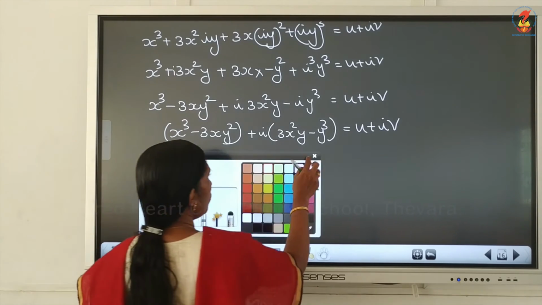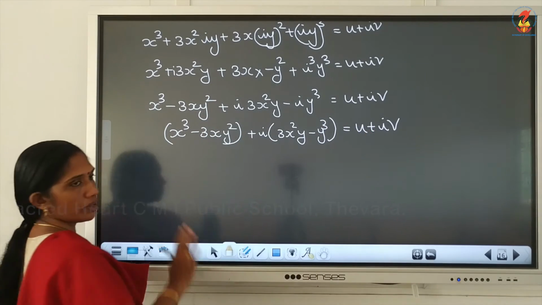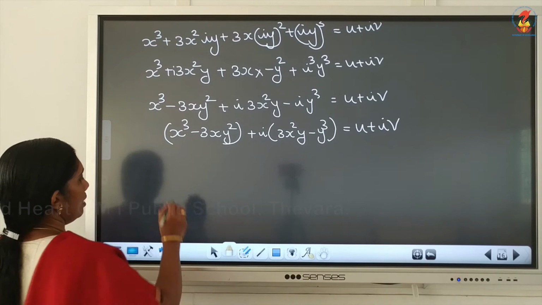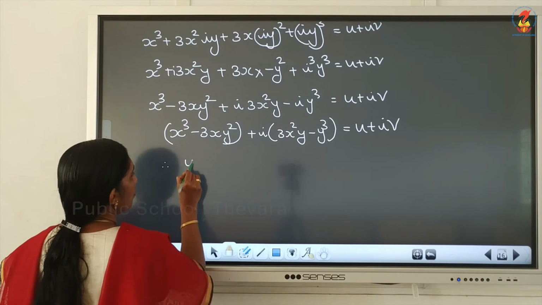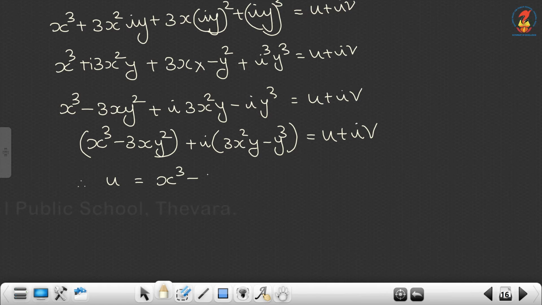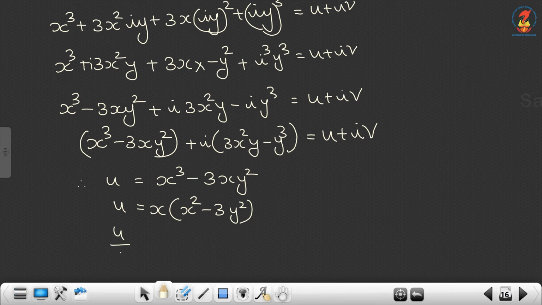So what is u? u is equal to the real part. Therefore u we can write as x³ − 3xy², or x is common, x(x² − 3y²), or I can write u/x is equal to x² − 3y².